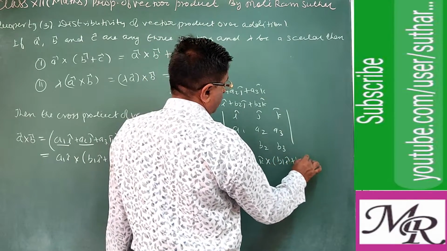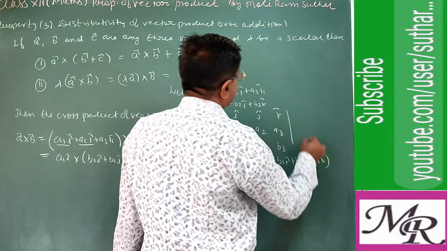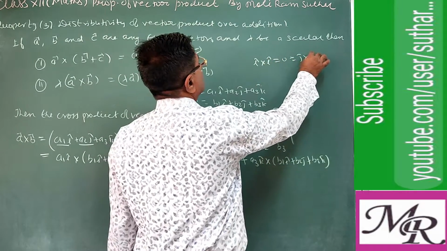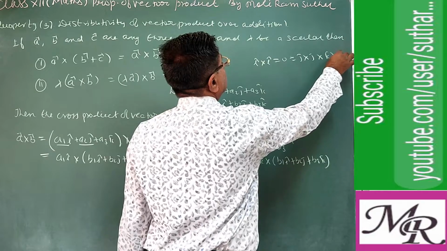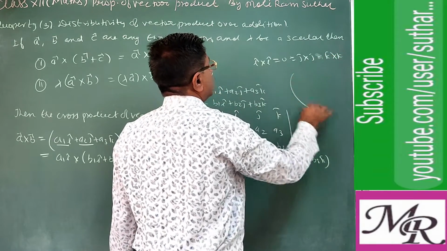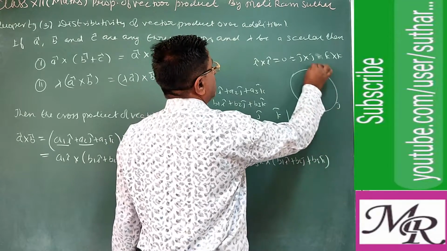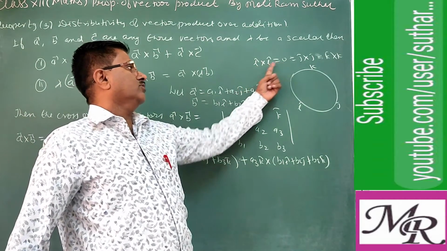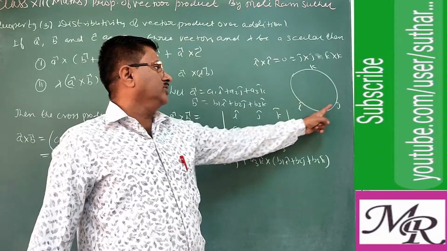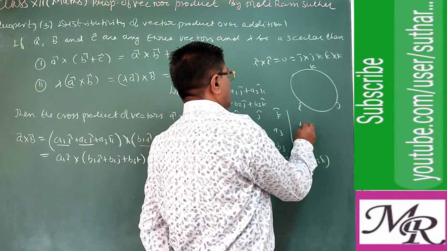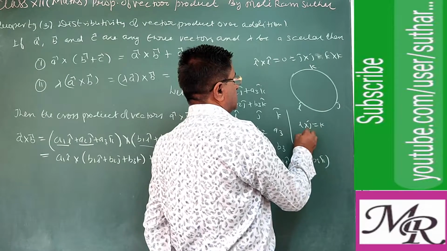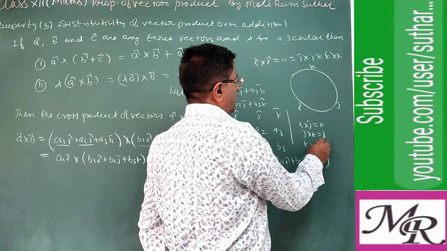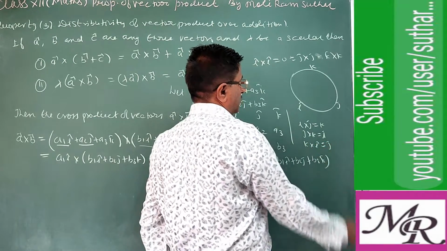Now we already know i cross i is 0, j cross j is 0 and k cross k is 0. Using this i, j, k circle, the cross product of a vector with itself will be 0, and i cross j gives you k, j cross k gives i, and k cross i gives j.